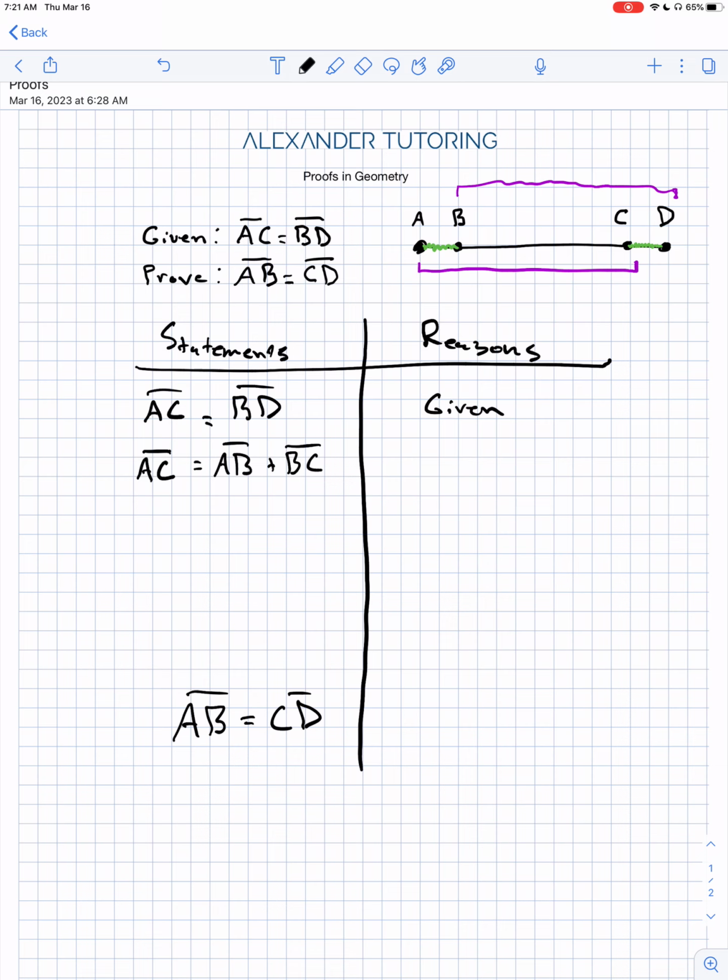Cool. Let's look at the other side of the given, BD. What's that equal to? That's BC plus CD. Okay, and the reason, again, that we go look at that attachment, but that's the segment addition postulate.